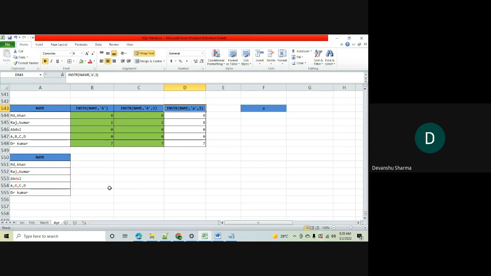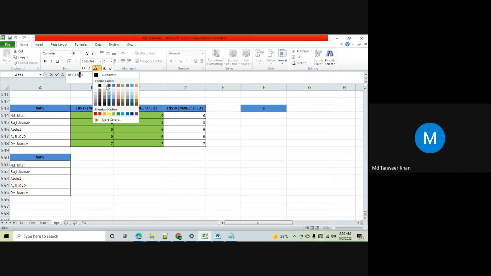From the third position you have to start, move towards the right direction, and search for lowercase a. So if you move from this comma, where is this lowercase a? It is here, right?